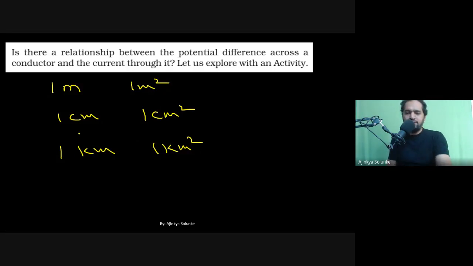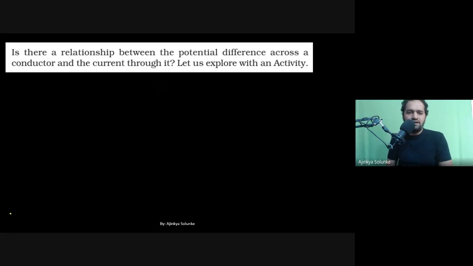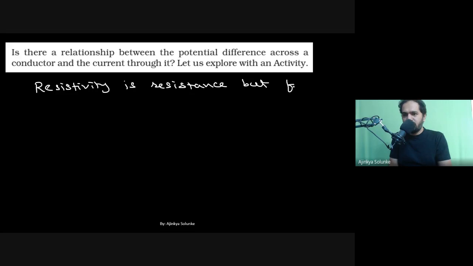So do we need to make changes in our definition then? Let me write down the definition which we wrote and the new changes. Resistivity is resistance only, but for 1 meter length and 1 meter square area.